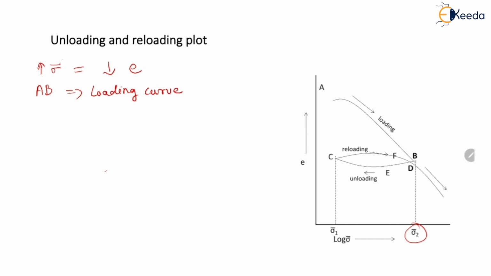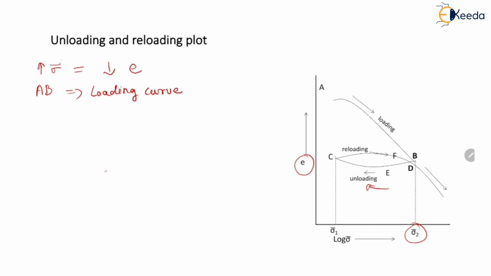The soil is allowed to consolidate, and after that the pressure is reduced and sample is allowed to take up water and swell. So as we reduce the loading, soil sample swells and its void ratio increases.